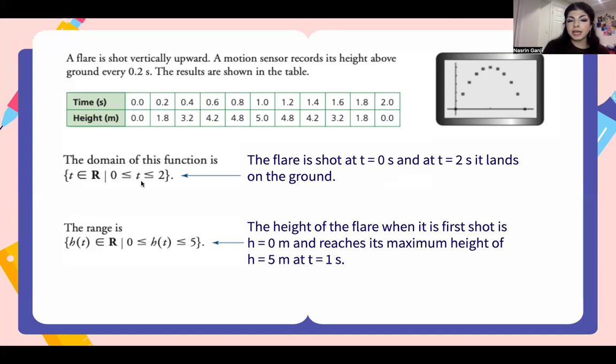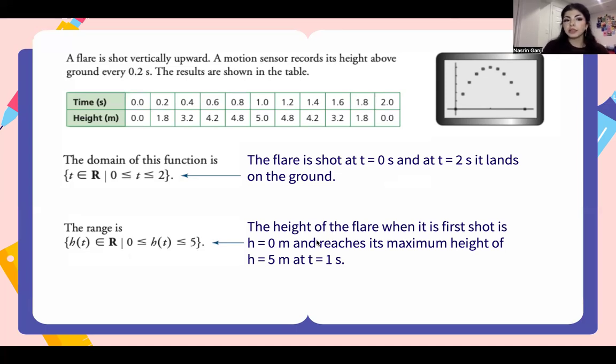So the t that we have here can be between 0 and 2 inclusive, because we also care about the time that it is shot from the ground and the time that it lands back on the ground. Similarly, for the height, we can also have that the height is in the set of real numbers, with the restriction being that height is inclusive to between 0 to 5, which means that it starts from the ground at 0 and the maximum height will be 5 here.